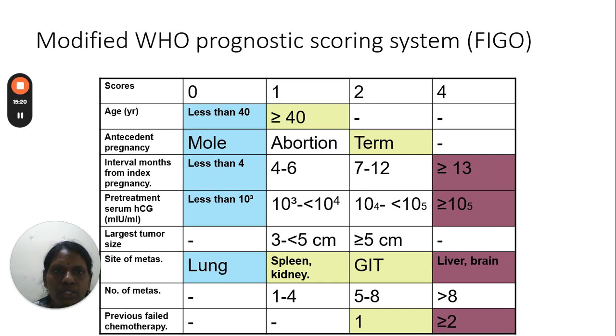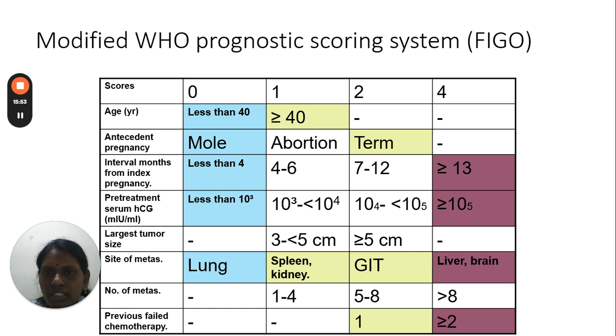Modified WHO prognostic scoring system. In this, scores are given 0, 1, 2 and 4, and the factors considered are: age, antecedent pregnancy, interval in months from index pregnancy, pre-treatment serum HCG, largest tumor size, site of metastasis, number of metastases, and previous failed chemotherapy.